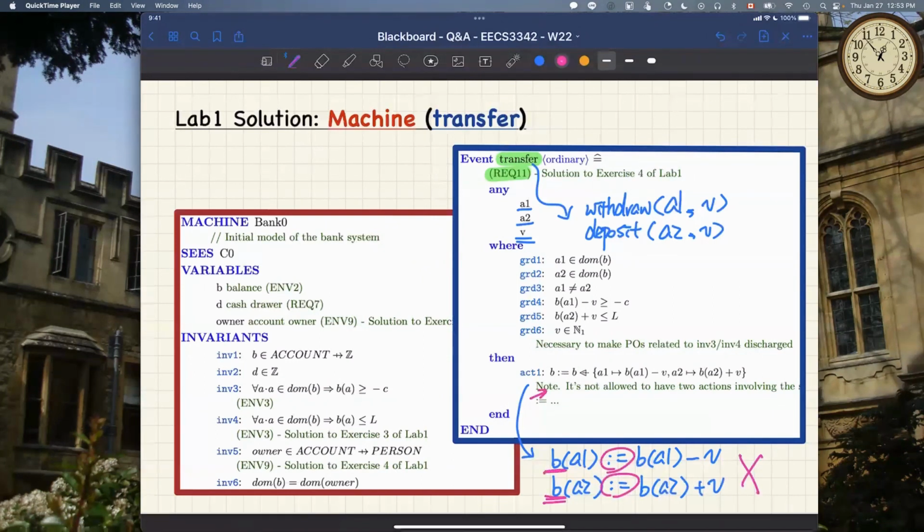What you've got to do instead is say B is overridden by, using the overriding symbol, A1 and also A2 separately. That's something I want to draw your attention to. Pay more attention to this.